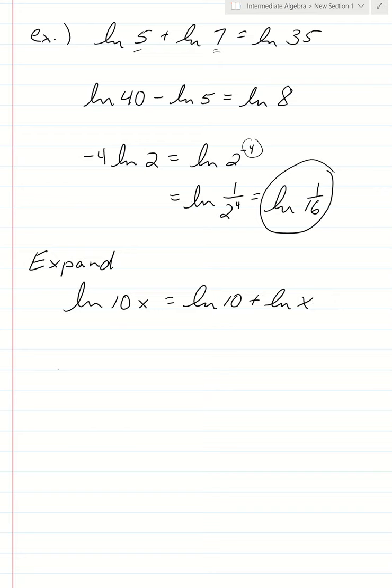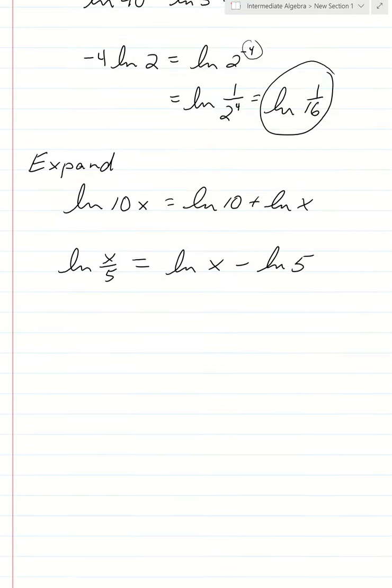If I had the natural log of x over 5, that also can be expanded into the natural log of x minus the natural log of 5. Once again, because if something is being divided, we can expand that out into subtraction.